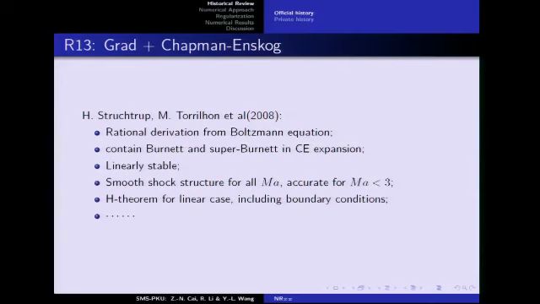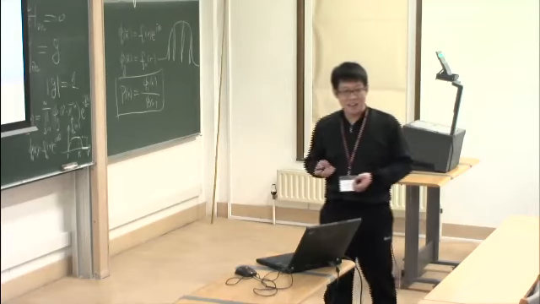They try to combine the Grad method and the Chapman-Enskog expansion, and this system is called the regularized 13-moment system. The merits of this system are listed as follows: it can be rationally derived from the Boltzmann equation, it contains the Burnett and super-Burnett terms in the Chapman-Enskog expansion, it is linearly stable, it gets smooth shock structure for Mach number less than 3, and for the linear case, the H theorem is valid.